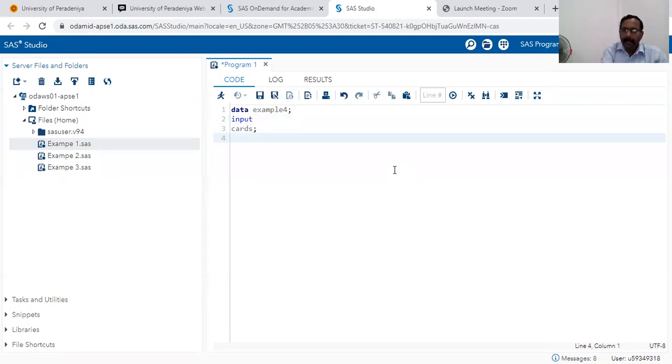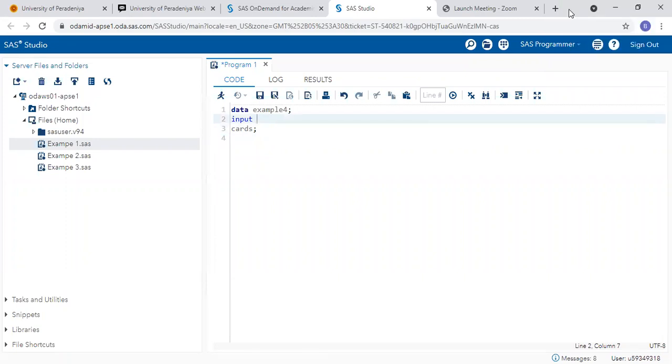What type of variable do we have in simple linear regression? Sabiba? Sabiba, are you there?